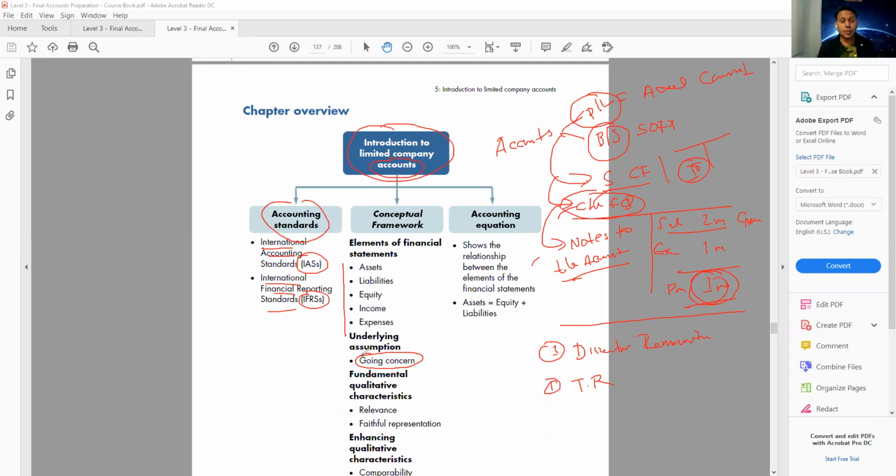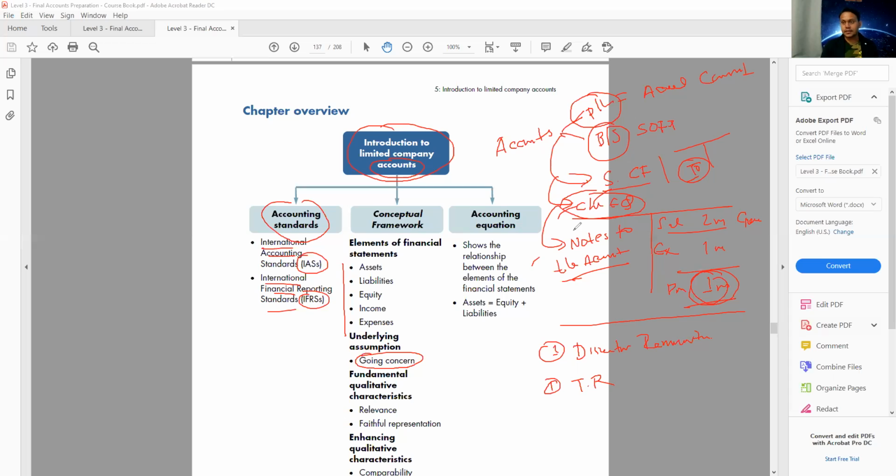The person who opened the business is dead, but the business is always here. The company is always here. So you always assume the business you are opening will continue forever. This is called the going concern concept. We understand the business will be trading in the market for the foreseeable future.